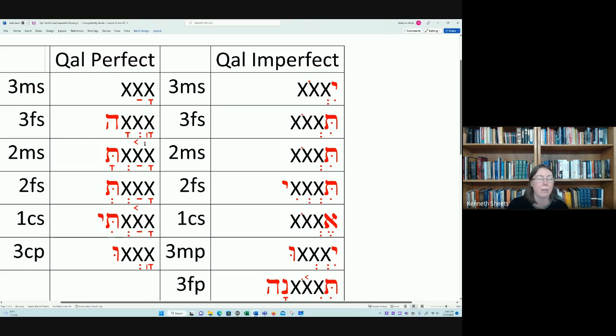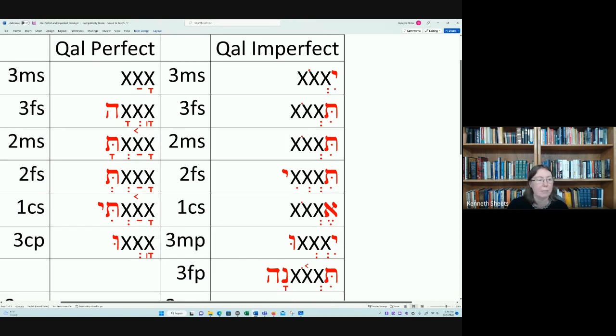And thus the schwa that follows is going to be vocal in that instance because it's starting the next syllable. Second masculine singular, qatalta, accent on the second syllable. Second feminine singular, qatalt. First common singular, qatalti. Again, you do have that accent on the second syllable.